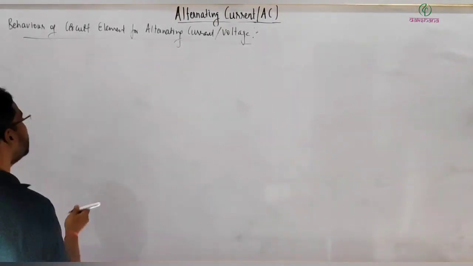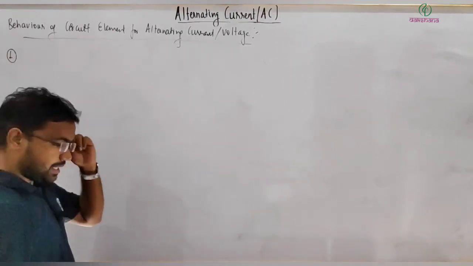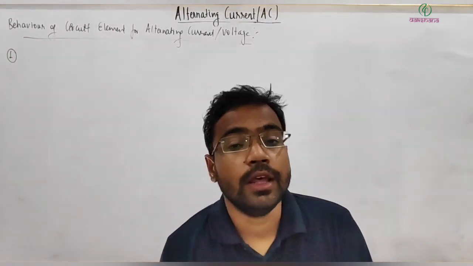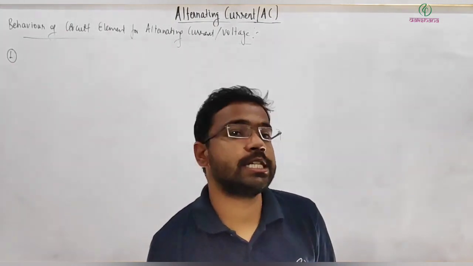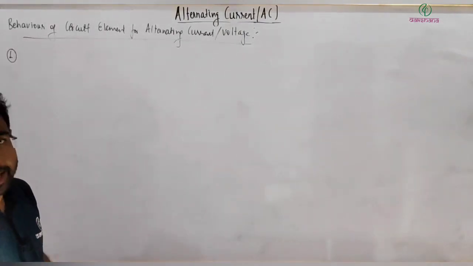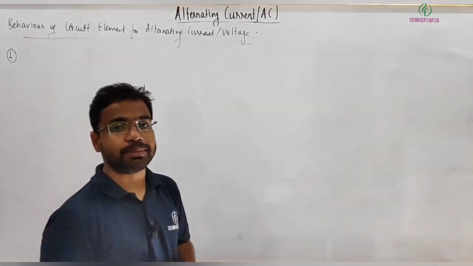Let me talk about them one by one. When current passes through a resistor, it offers some resistance, which we measure as resistance. Similarly in the case of alternating current and voltage, will it be the same or something else? Similarly for the inductor and capacitor.